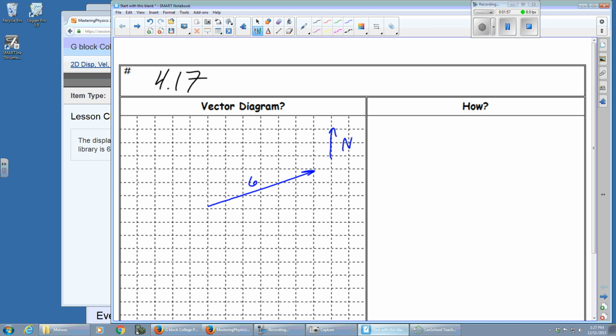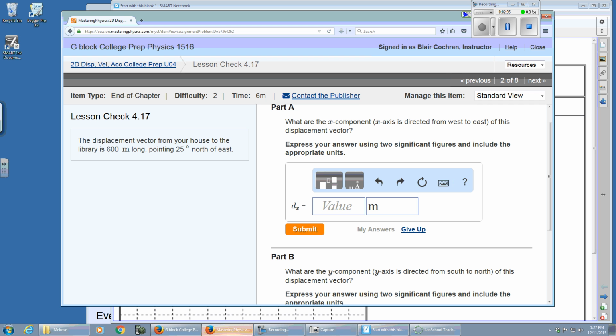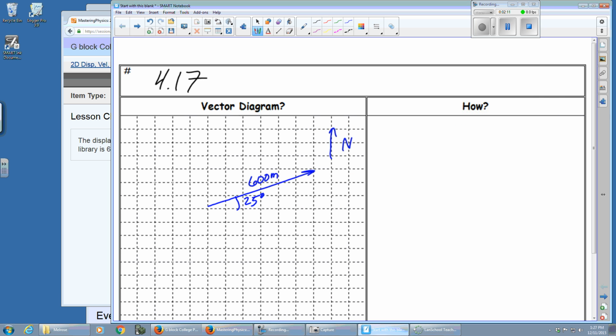So this is 600 meters, and this is 25 degrees. Just going to double check those. 600 meters long, 25 degrees north of east. So north of east, starts east and swings north. So there, that would be kind of the minimal vector diagram for this one to get credit for it. All right.